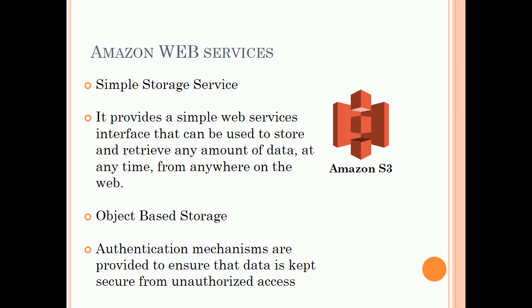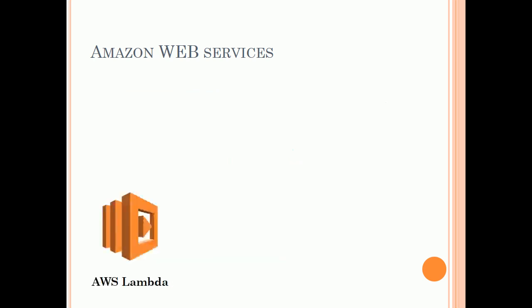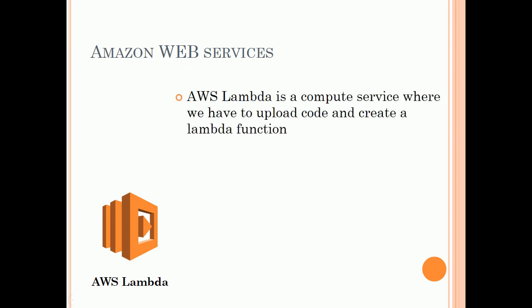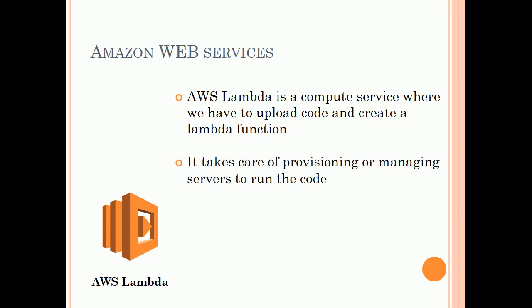Let's move on over to another web service, that is AWS Lambda. AWS Lambda is a compute service where we have to upload the code and create a Lambda function. Then it takes care of provisioning or managing servers to run the code. We don't have to worry about servers and their configuration. It is handled by AWS Lambda.